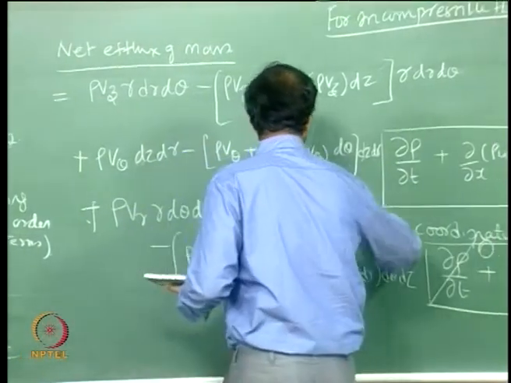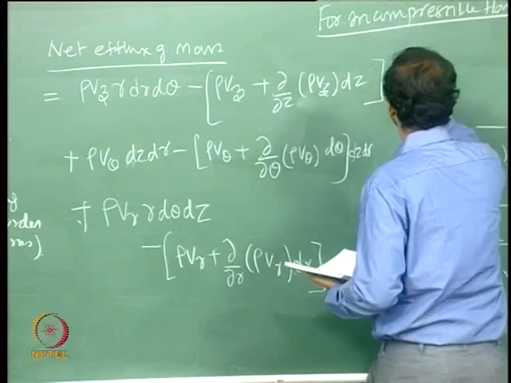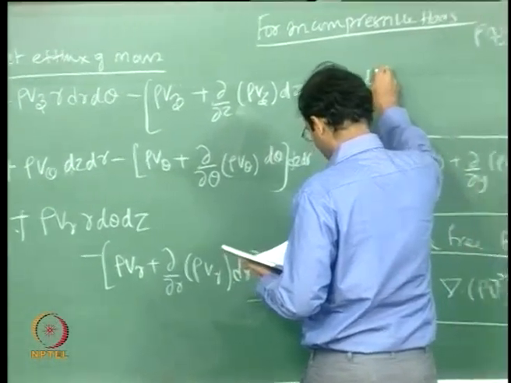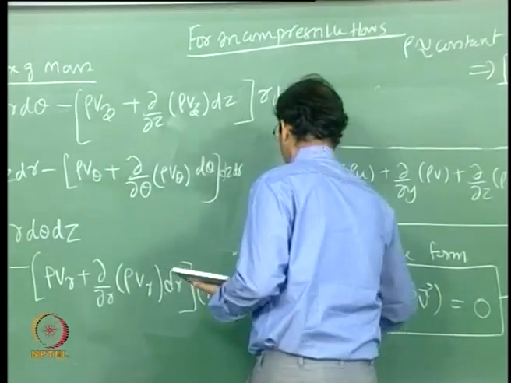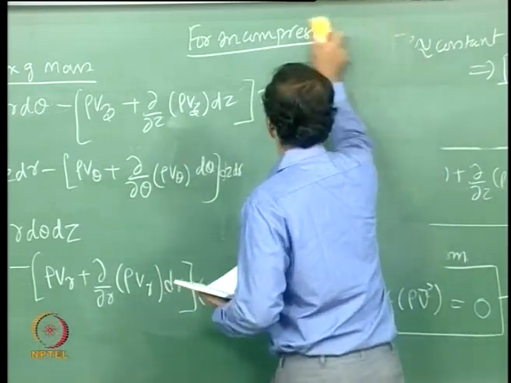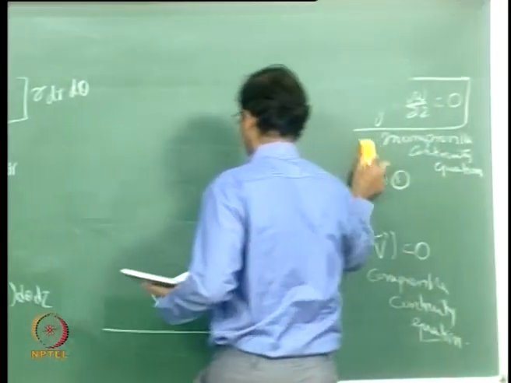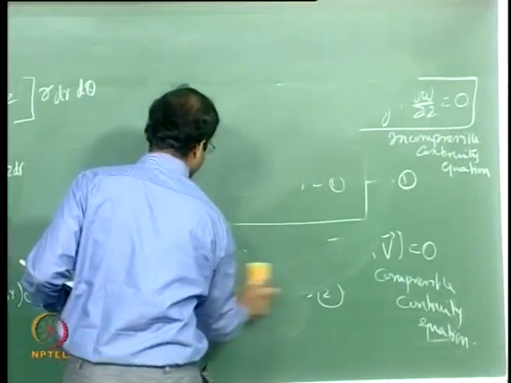So I am multiplying everything by their corresponding areas, and this is your net efflux of mass coming from the control volume surfaces.